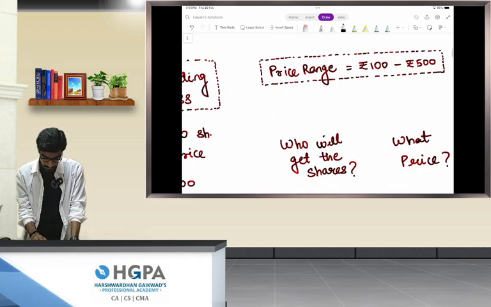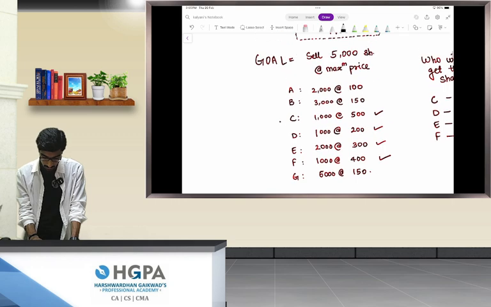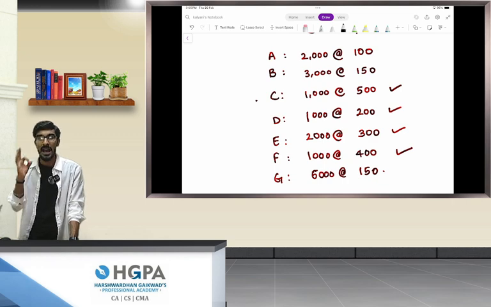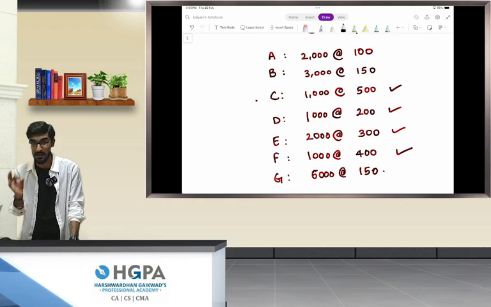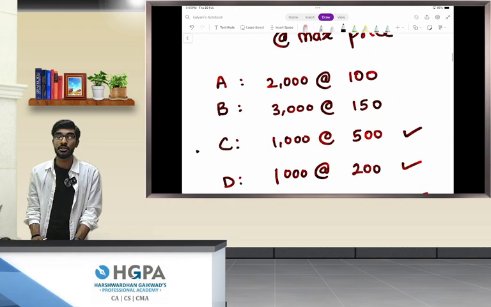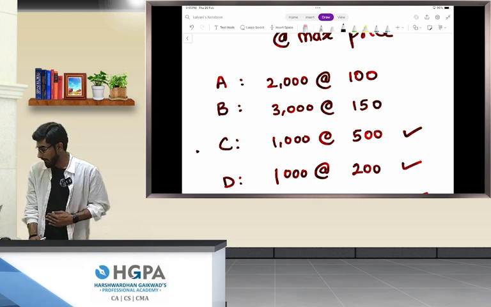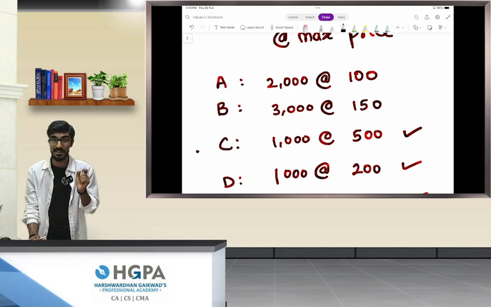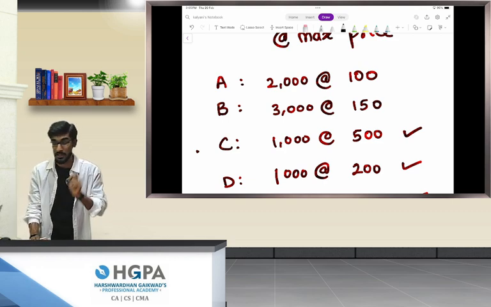Cool. Now, A to G, 7 people have submitted their bids. A says, I will purchase 2,000 shares at rupees 100. B says, I will purchase 3,000 shares at rupees 150.